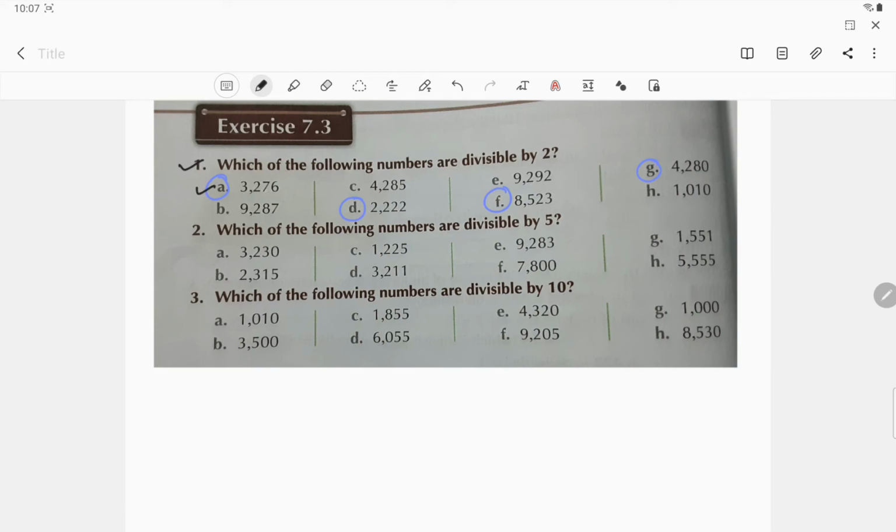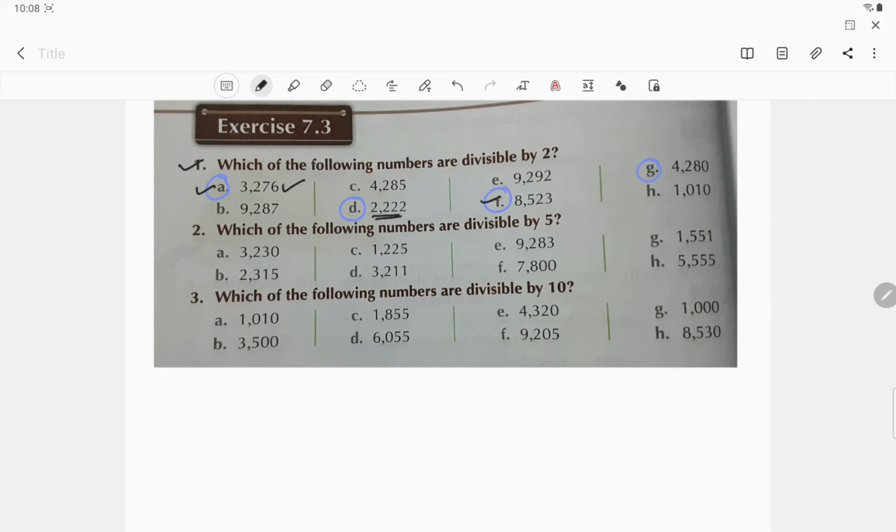3276. Is it an even number or odd number? Because the digit in the ones place is 6, it is an even number. So you can say this is divisible by 2, right? D number, yes, this is an even number, it is also divisible by 2.